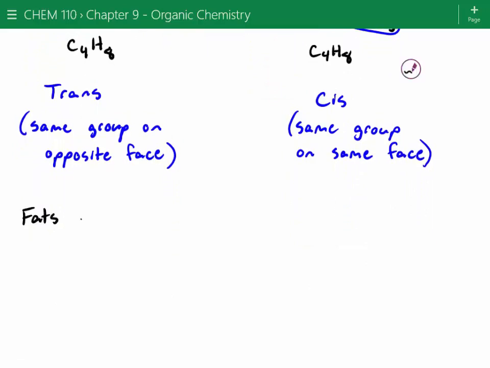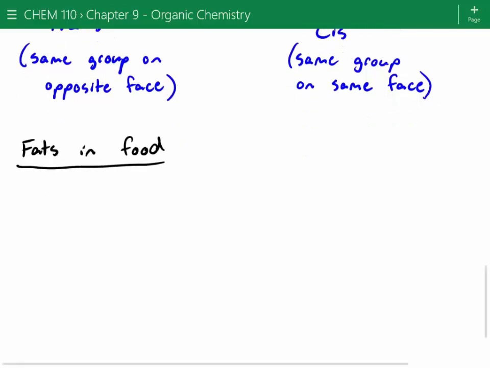So fats in food typically have some sort of structure where I'm going to call this R. R is basically just an ambiguous group.